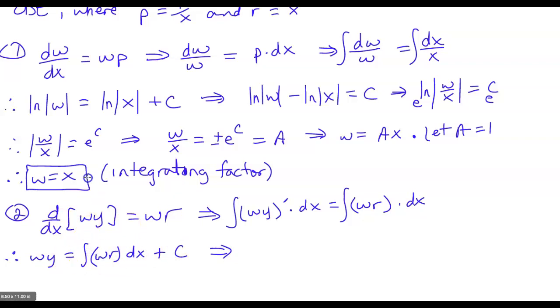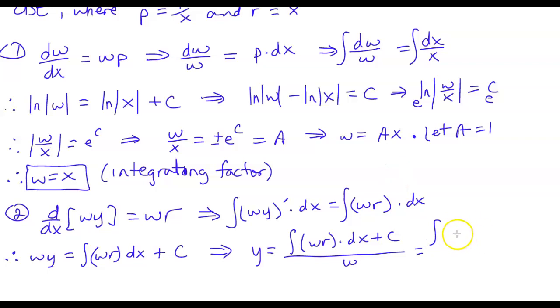And then from here, we could choose to go ahead and plug in what r and p are. I'm just going to wait till the end to do it. So y just ends up being all this business here divided by w.